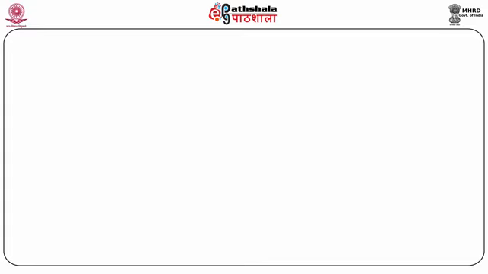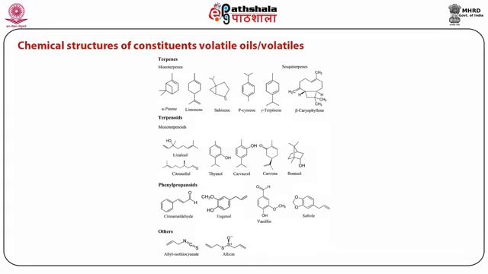This slide gives you an idea about the chemical structures of constituents of volatile oils or other volatiles. You can see at the top there are these terpenes. Most of them are hydrocarbons. They are monoterpenes or sesquiterpenes like alpha-pinene, limonene, sabinene, paracymene, and alpha-terpinene, while a sesquiterpene is beta-caryophyllene. Then the oxygenated terpenes, known as terpenoids, are like linalool, thymol, carvacrol, carvone, or borneol.